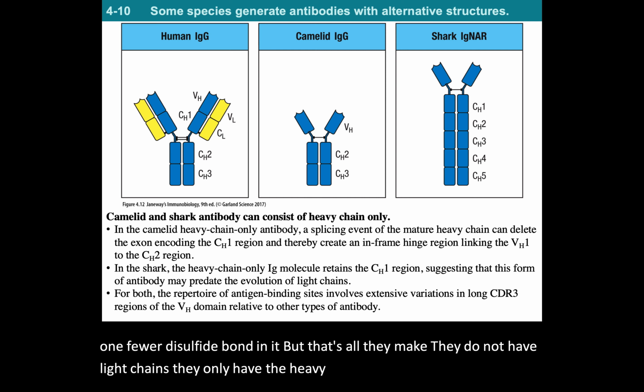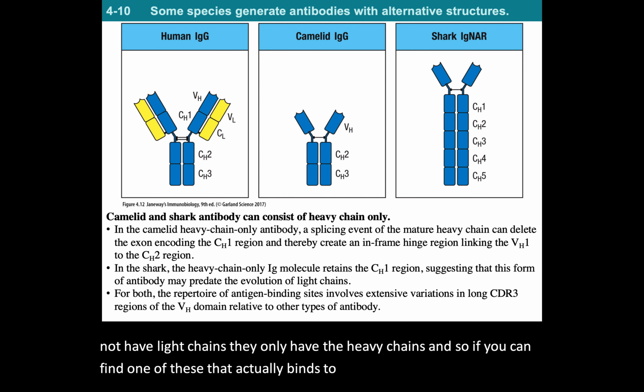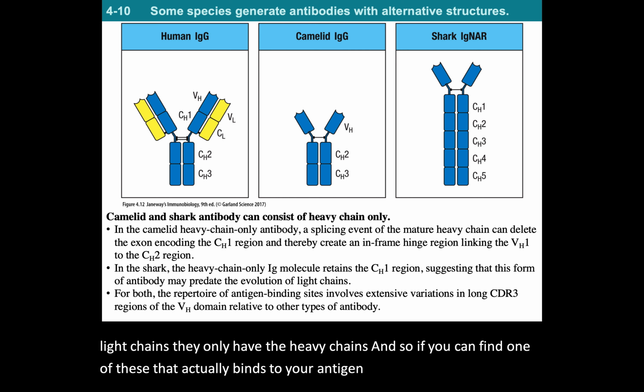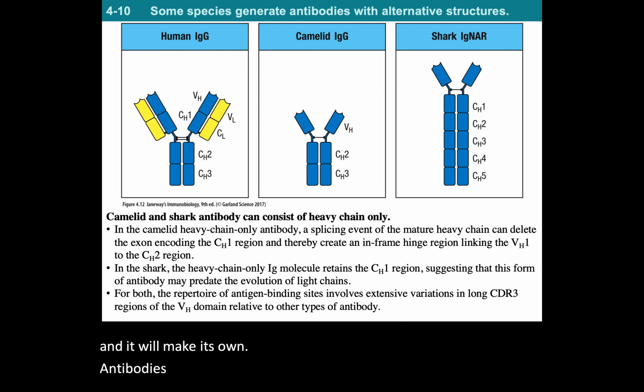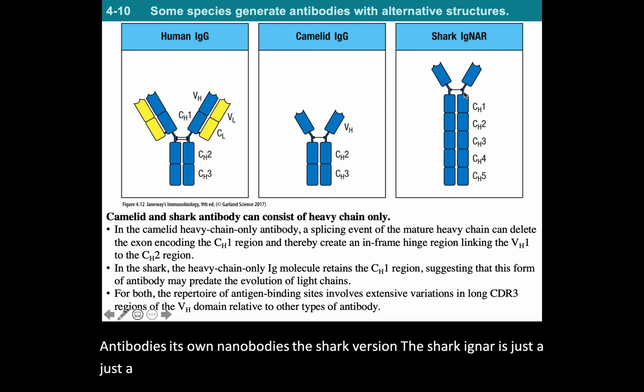And so if you can find one of these that actually binds to your antigen, then they're really small, easy to make, easy to encode. You can just put a gene for this into a cell, and it will make its own antibodies, its own nanobodies. The shark version, the shark IGNAR, is actually just a really long chain.